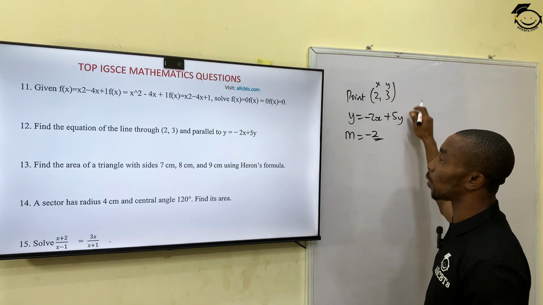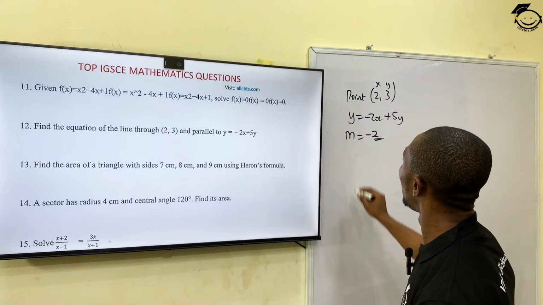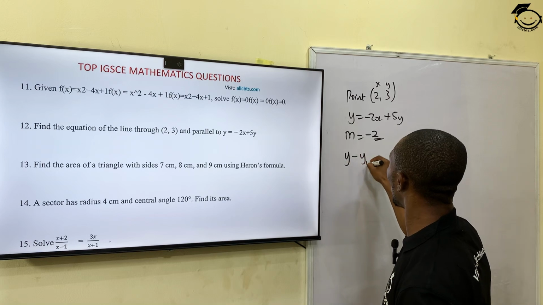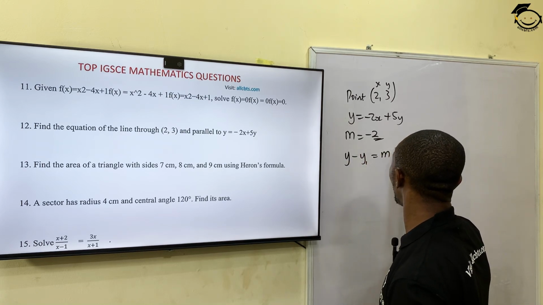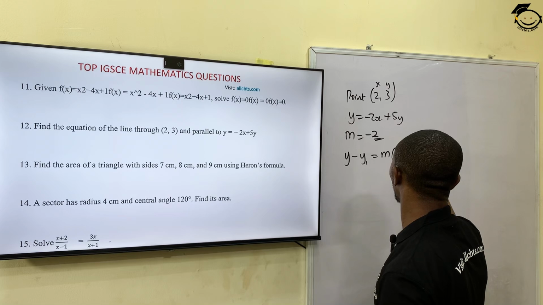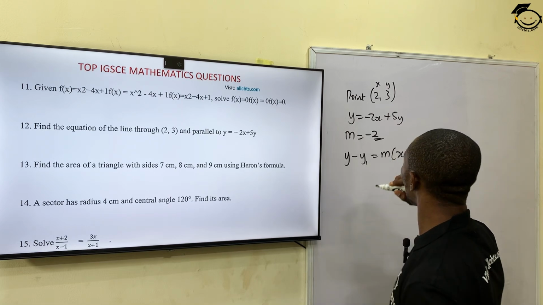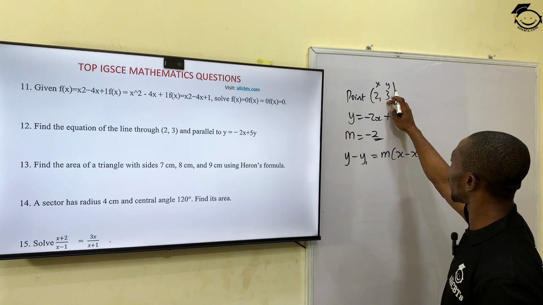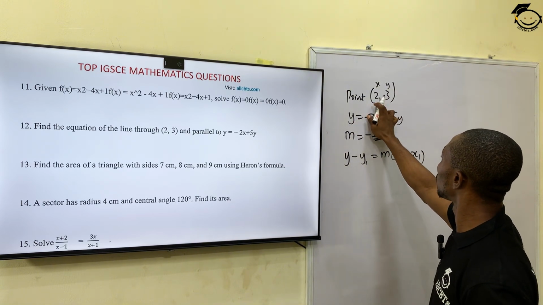Since these two lines are parallel, we are going to use y minus y1 equals m bracket x minus x1, where our y1 is 3 and our x1 is 2.